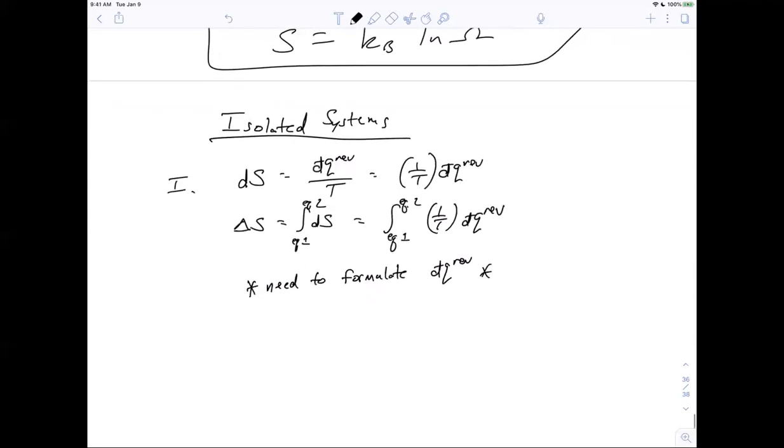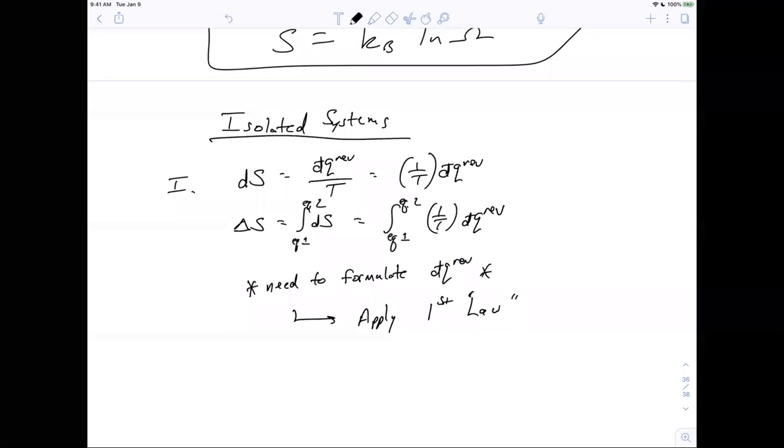And that formulation comes from application of the first law. So this is really a very compact and succinct way to help you understand, and this is all you really need to know in terms of how to apply this equation.